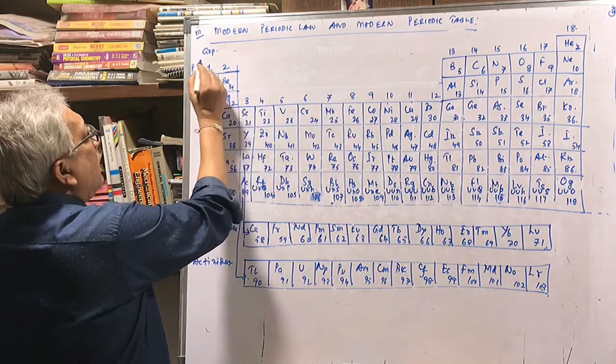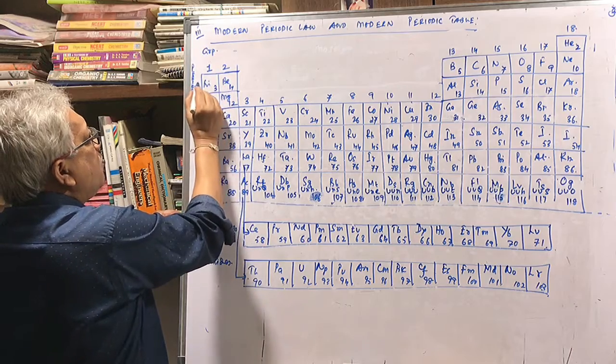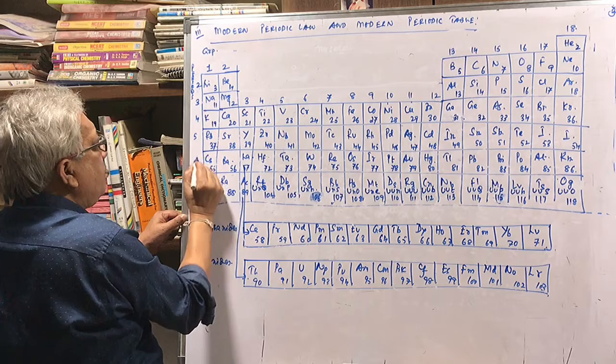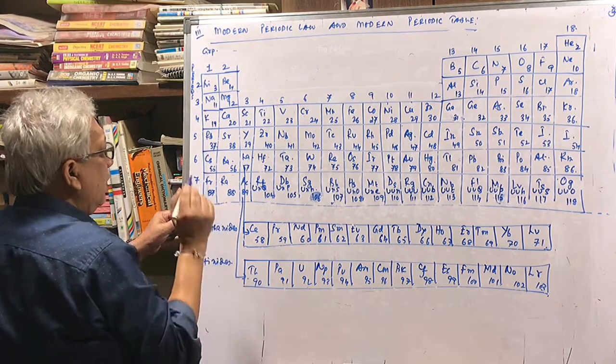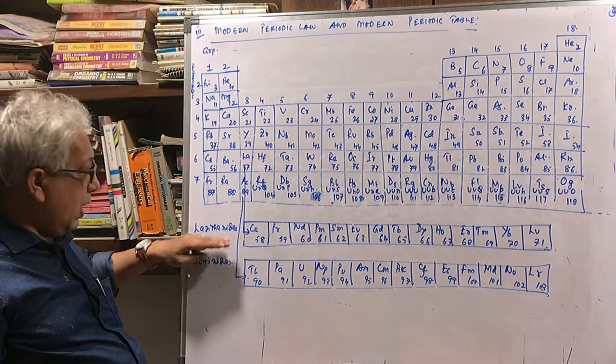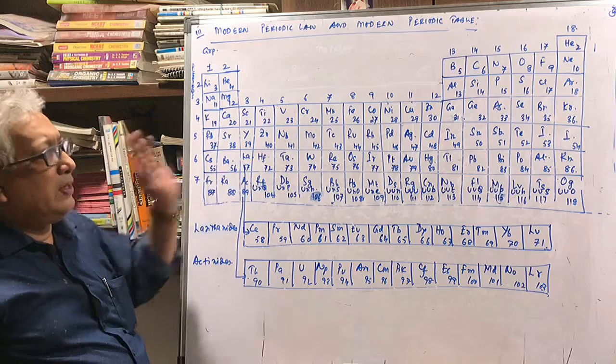Period 1 is helium, this is period 2, this is period 3, period 4, period 5, period 6, period 7. This is how it is, and this period is lanthanide, and this period is actinide. Period is also known as series. These are also known as series.